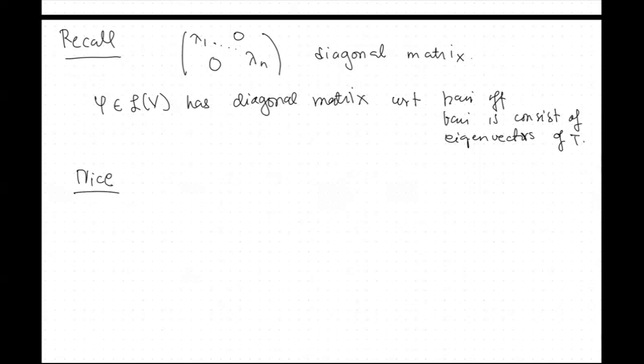So we say that nice operators are those with a diagonal matrix with respect to an orthonormal basis.